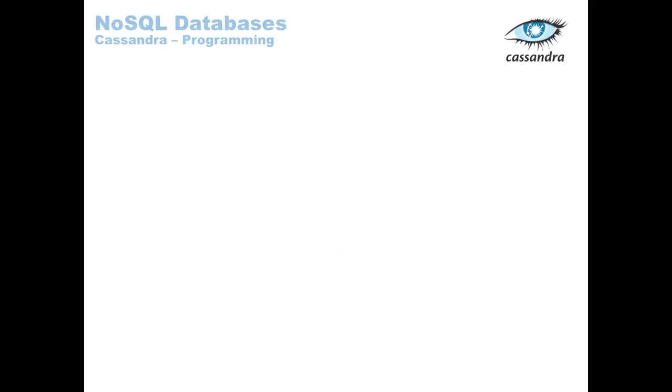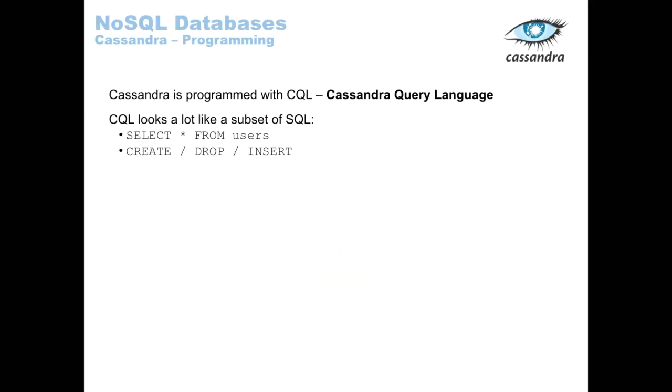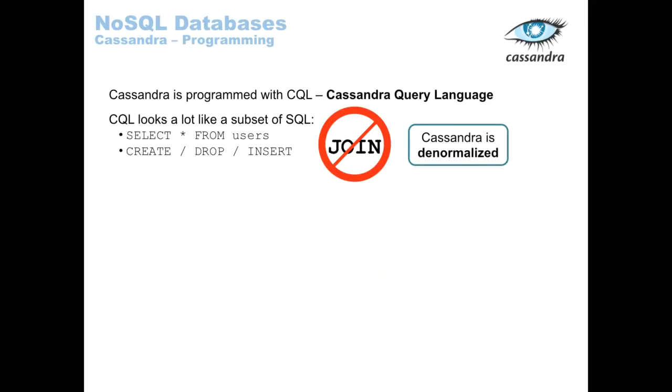So programming Cassandra. It uses a language called Cassandra Query Language, which looks a lot like SQL. It has select statements that look just like SQL, and create, drop, and insert statements. But it doesn't have joins because it's denormalized.